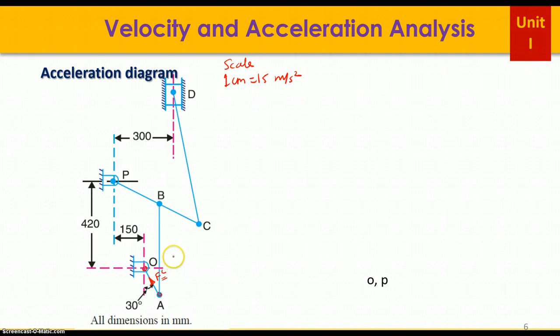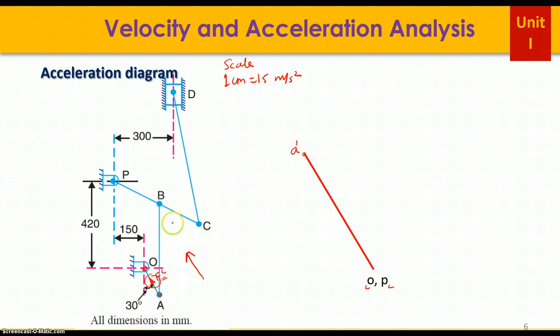First of all, locate two fixed points O and P and then draw a line in the direction. This arrow you have to remember. From this point O and P you have to draw a line in this direction. Okay, so I have drawn it. So you will get this point as A. You may say A dash as its acceleration.